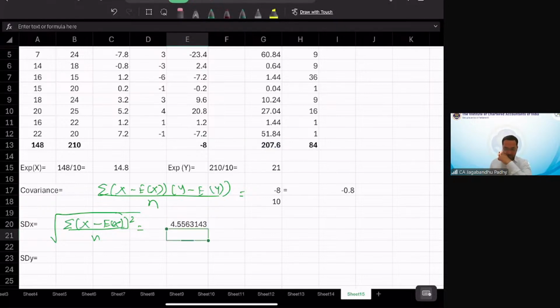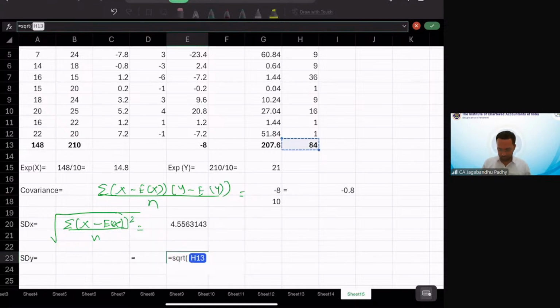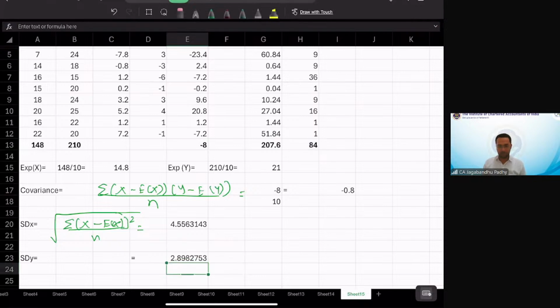So we get the standard deviation as 4.55. Okay, standard deviation is 4.55. The second standard deviation we can obtain in a similar way as square root of 84 divided by 10. That's 2.89.